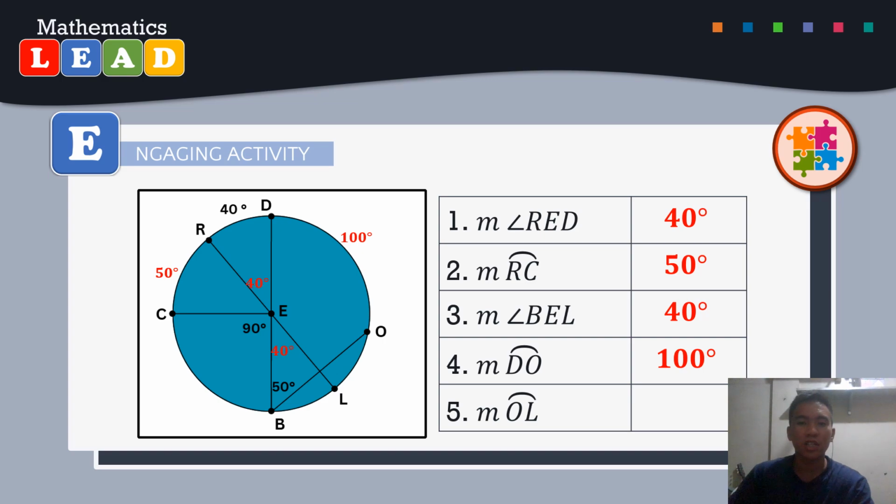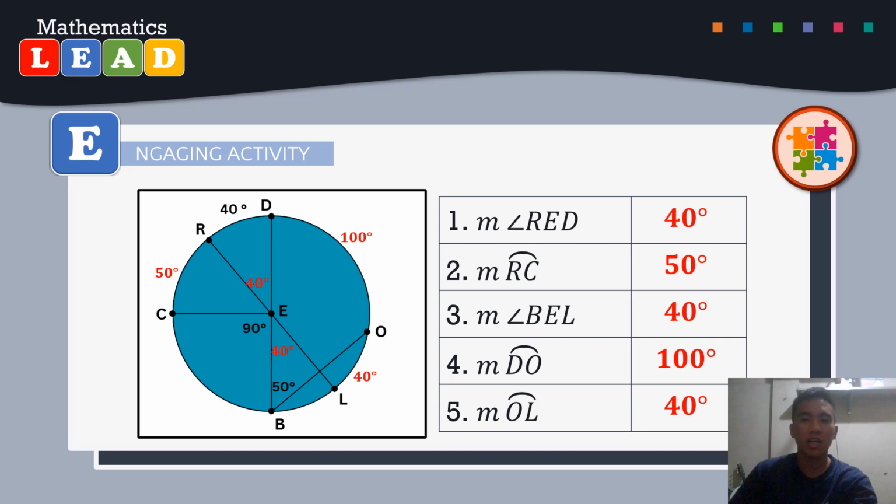Lastly, what do you think is the measure of arc OL? Correct. Arc OL is 40 degrees. In this case, we are already given arc DO, which is 100 degrees, and angle BEL, which is 40 degrees.